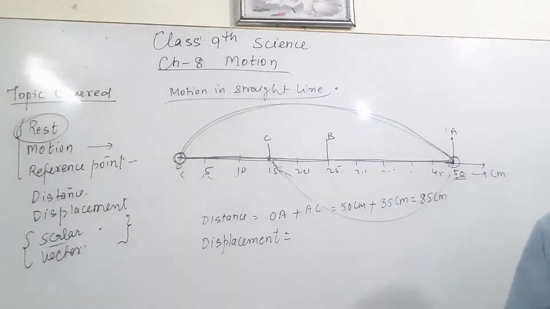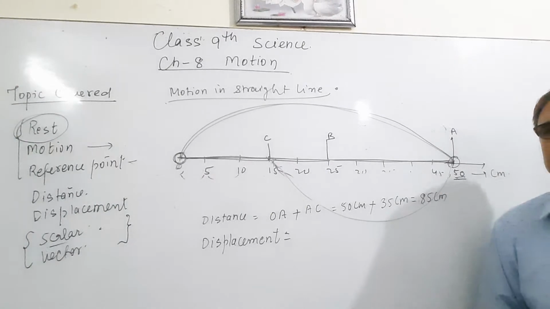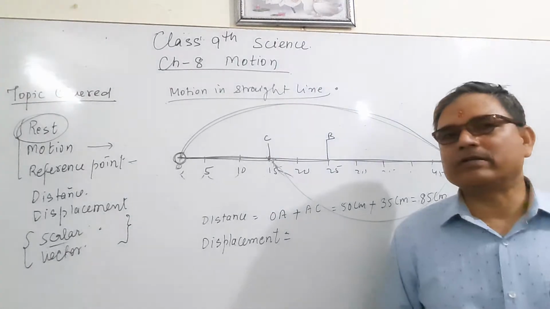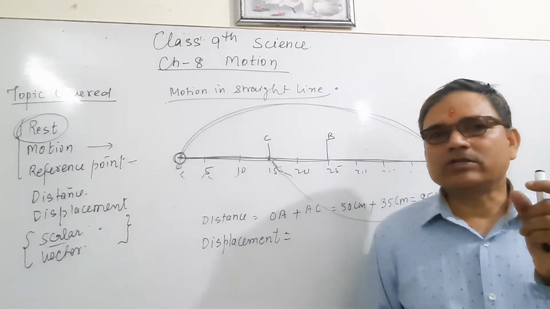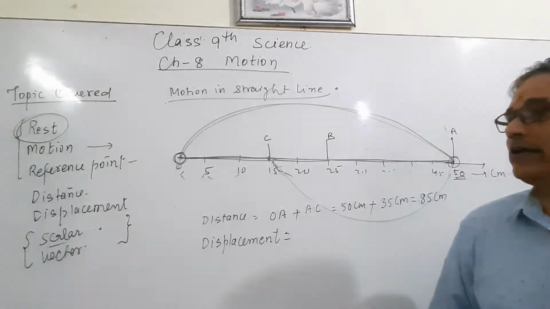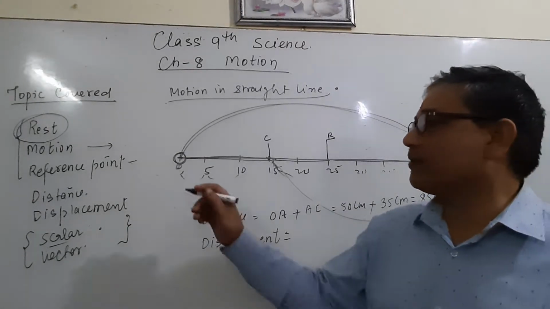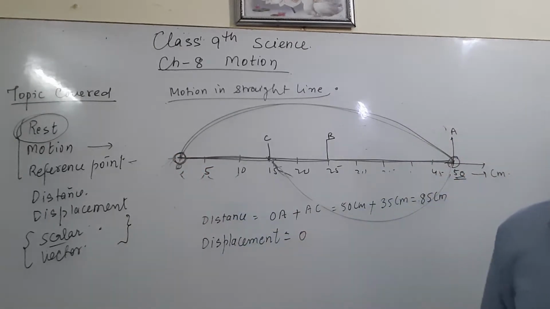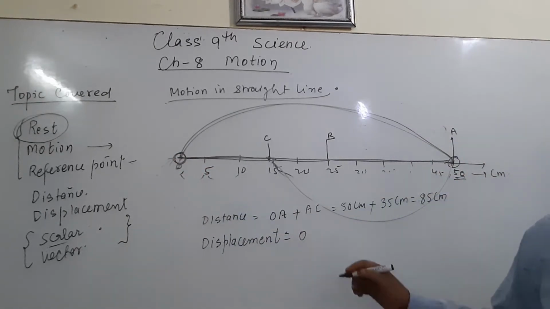What is displacement? Displacement is the shortest path between the initial point, O, where I start, and the final point, C, where I have to reach.